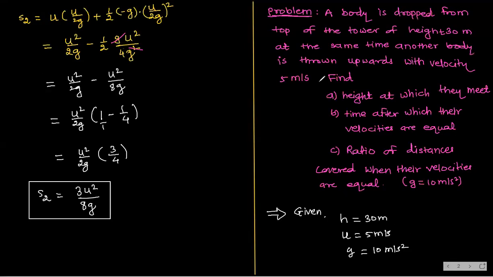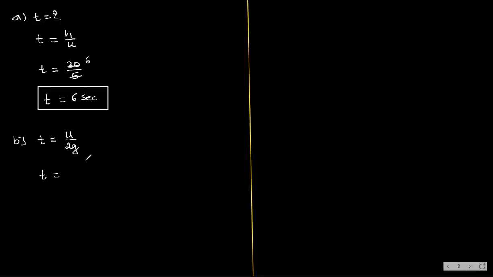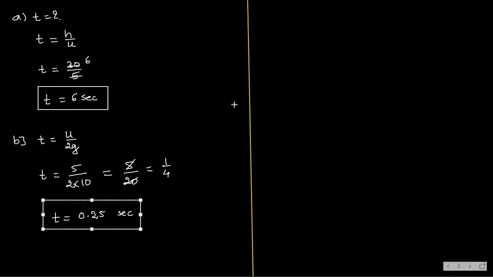Tell me. u is 5 meter per second. So here this is 5, this is 2 into 10. So what you are getting, 5 by 20. So this is equal to 1 by 4 and therefore 0.25 seconds. So after this time, their velocities will be same. Okay.